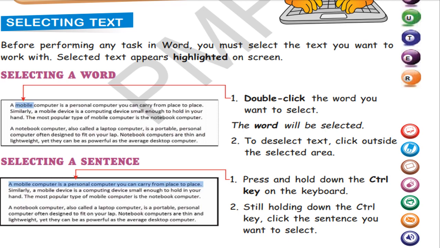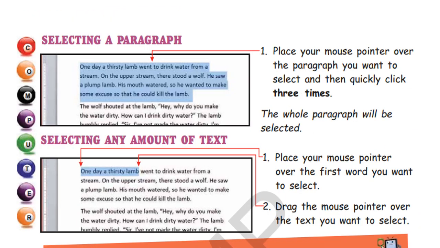To select a sentence, we will press and hold down the control key on the keyboard and click on the sentence. To select a paragraph, we will place our mouse pointer over the paragraph and click 3 times, and the whole paragraph will get selected.